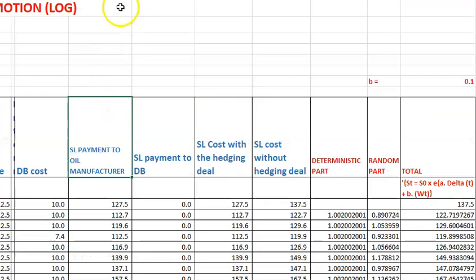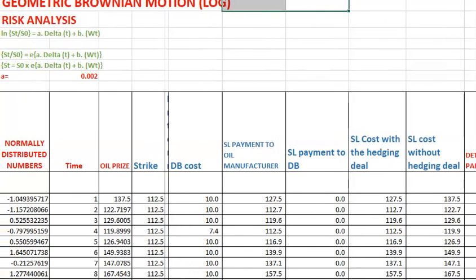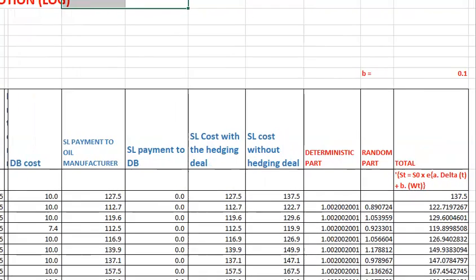What are my assumptions? I made an assumption for A, the deterministic part, that the coefficient is 0.002. How did I get it? I just looked at some oil prices, and I didn't do any simulation with the historical data, I just guessed it. And for the Wiener process, I guessed 0.1.